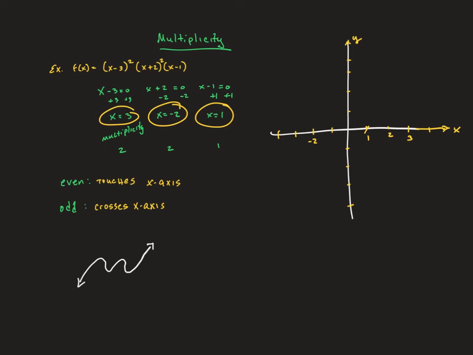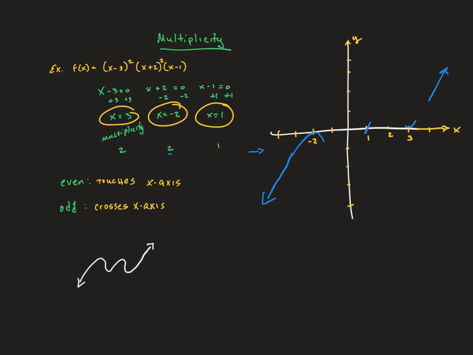So if I were to graph this, we know that the function crosses here at 1, and I know that it touches at negative 2 because my end behavior should be doing this and this. So as I come up, I'm going to touch negative 2 because it's even multiplicity.